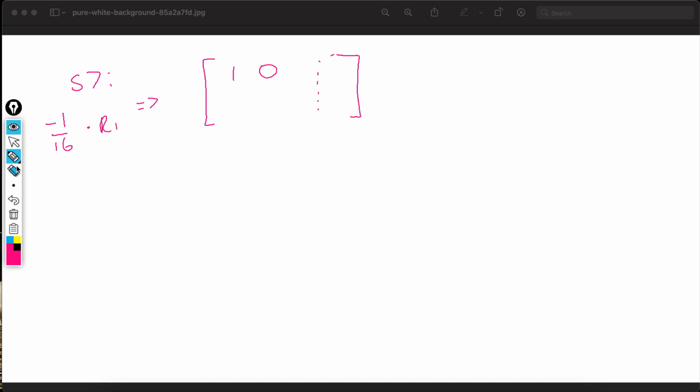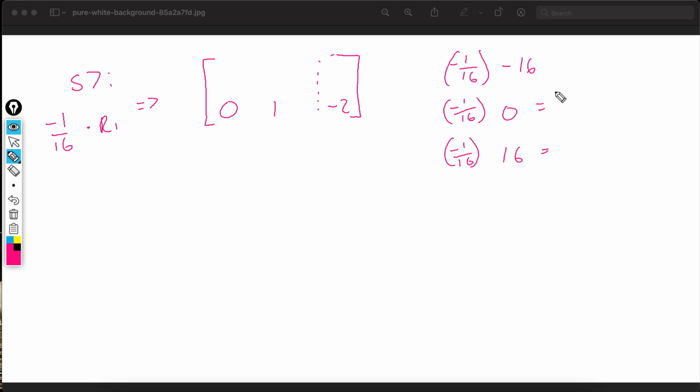Sorry, I'm getting too ahead of myself. I'll write row 2 really quick. 0, 1, 2. So right over here, negative 1/16, multiplied by row 1, which has our numbers negative 16, 0, 16.